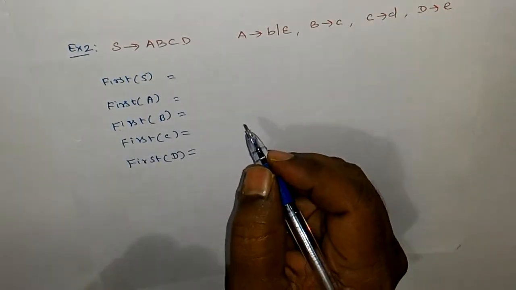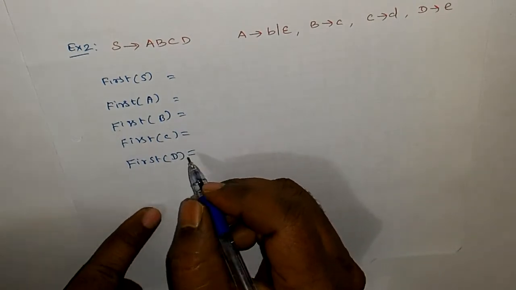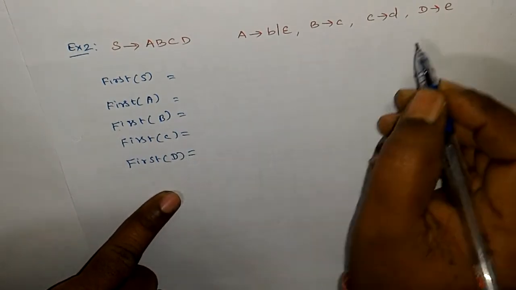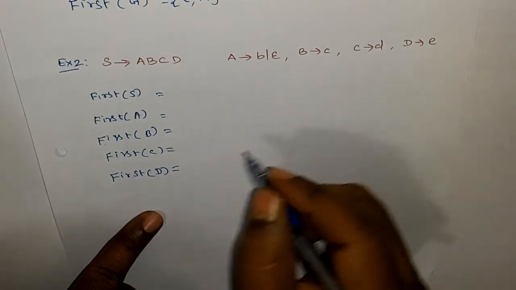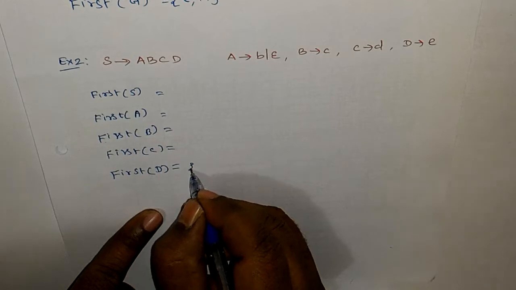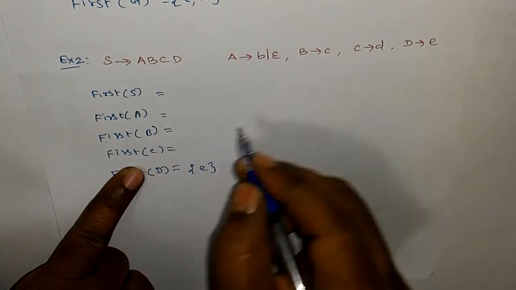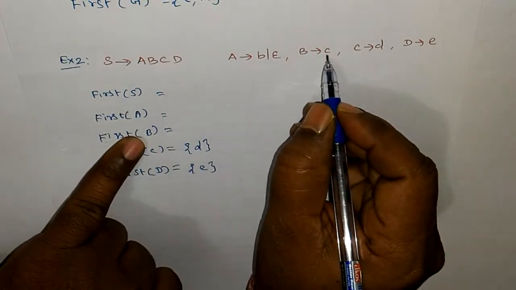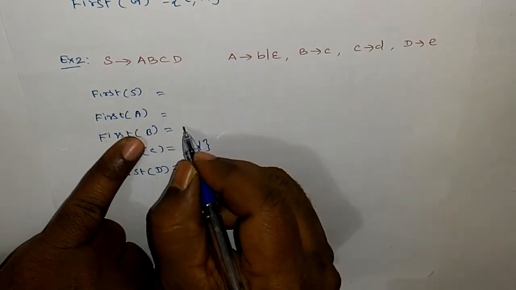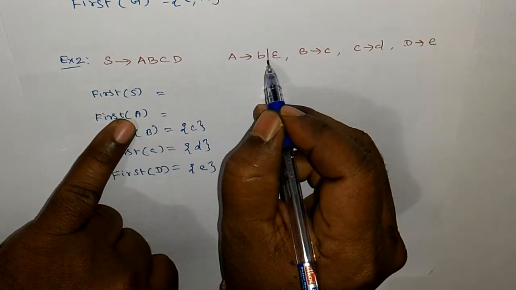We will start from the variables which have terminals. Here D has only one terminal, so first of D is e. Then first of C is d. First of B is only one symbol, so c. First of A: two productions are there.